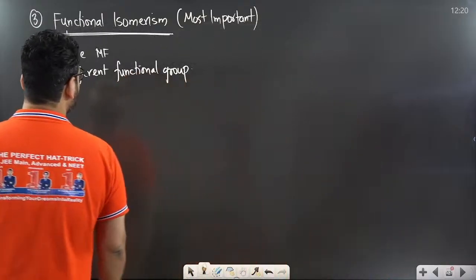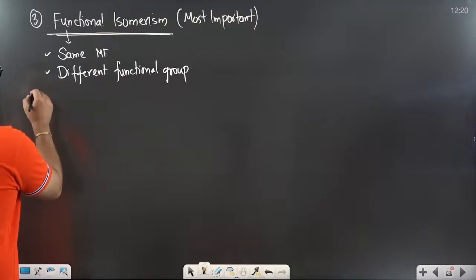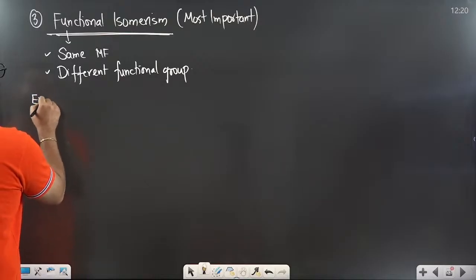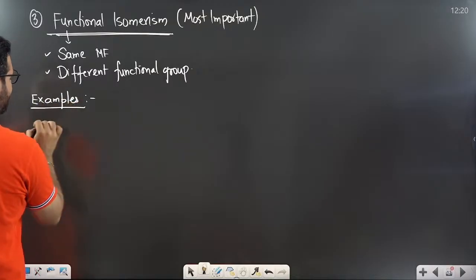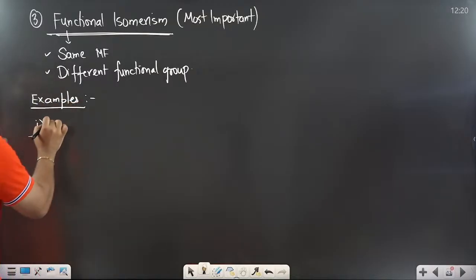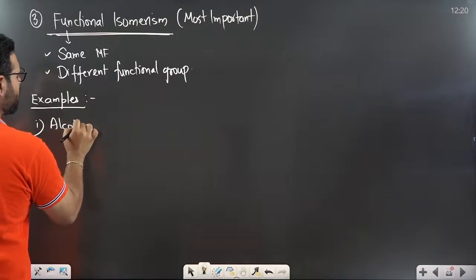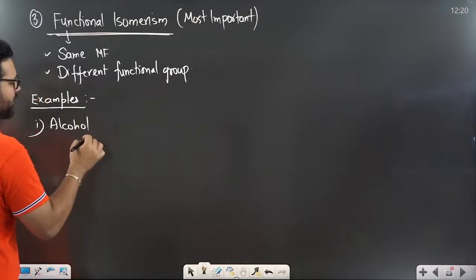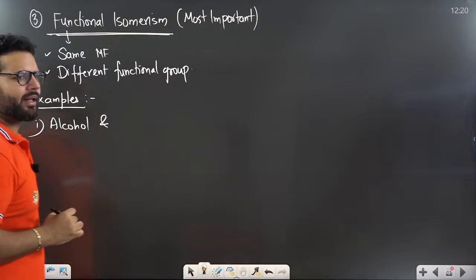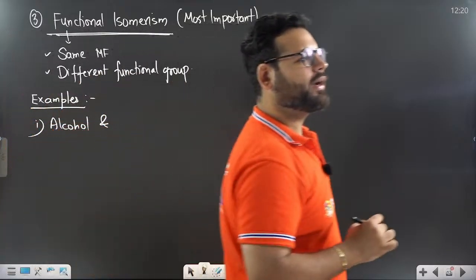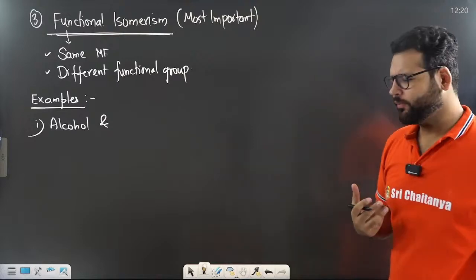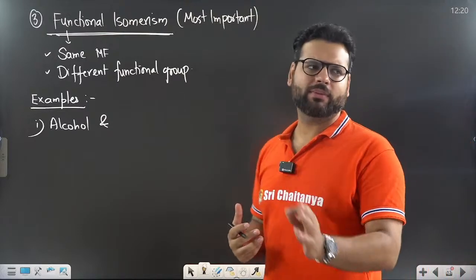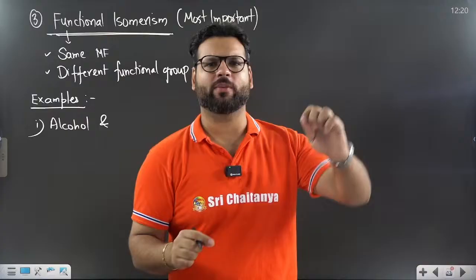Now, which functional groups can show functional isomerism? I'll ask you, if I have an alcohol, who else can show functional isomerism with alcohol? To check functional isomerism, you should have the same number of heteroatoms and the same number of pi bonds.